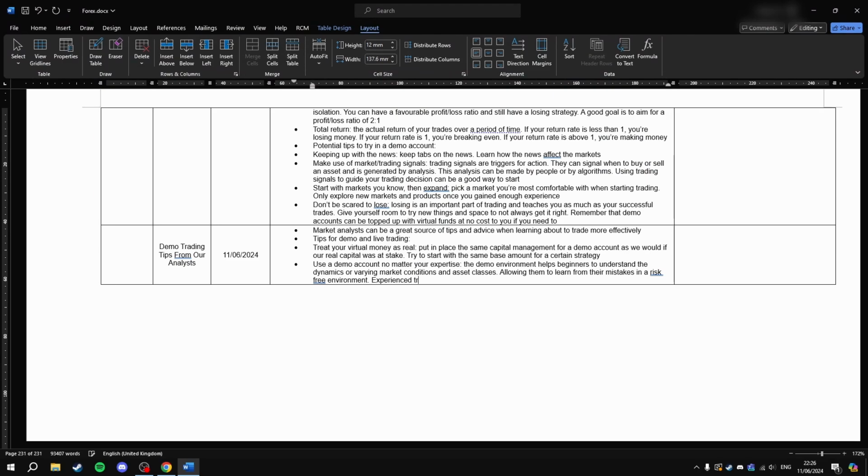Experienced traders can use the demo account for developing new strategies.